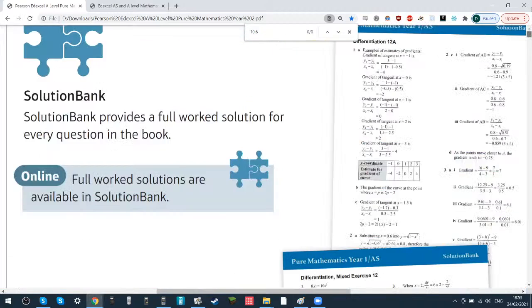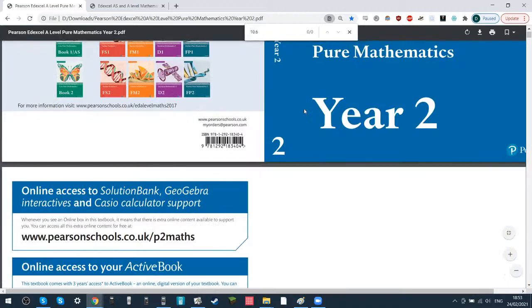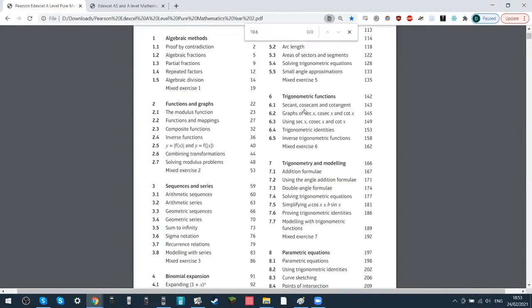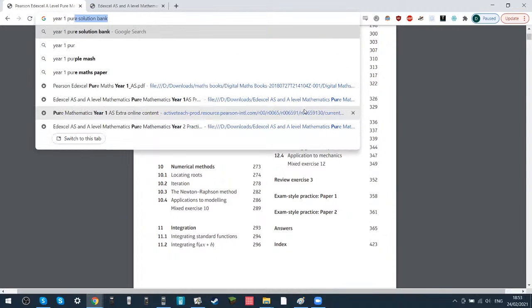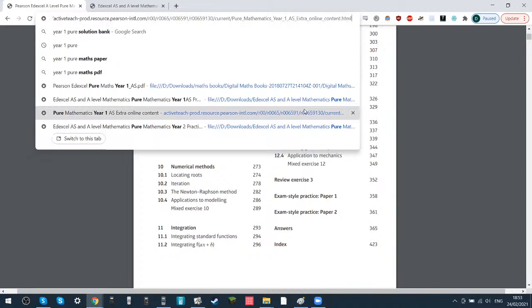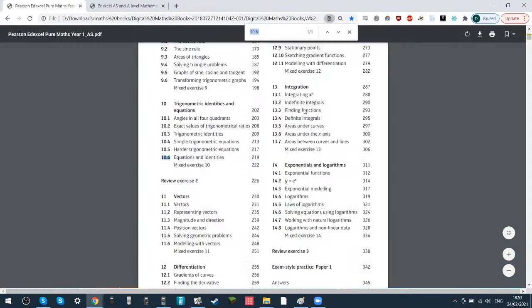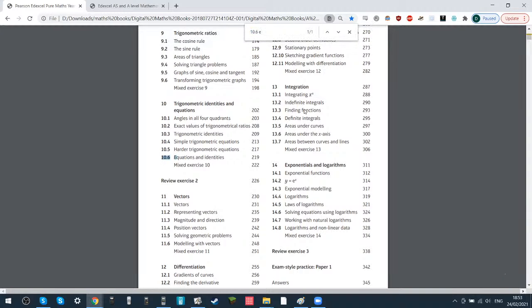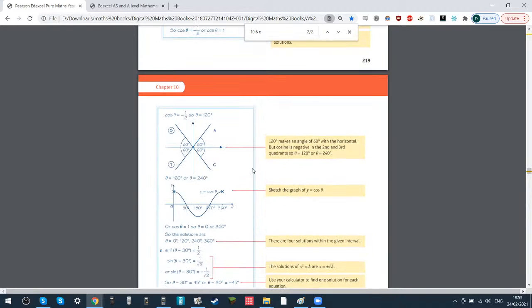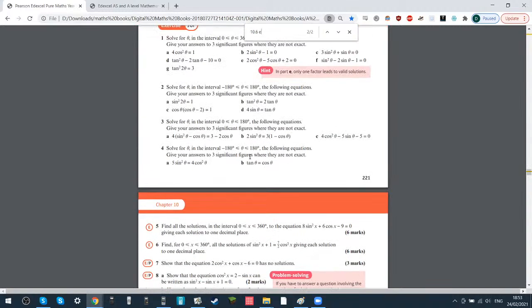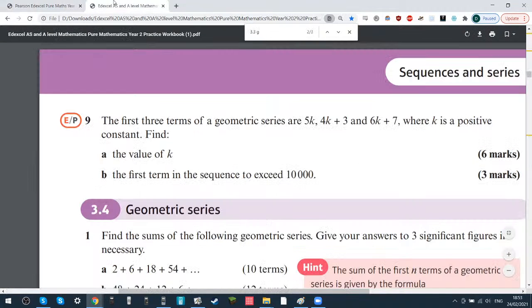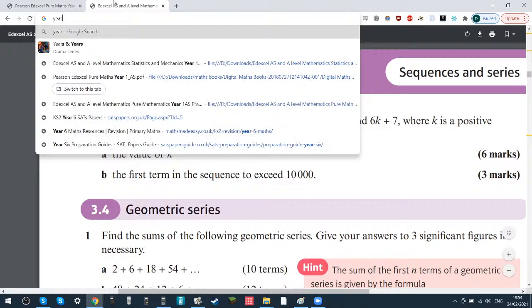What do you want from me, book? Oh, this is year 2. Year 1 pure. It's there. Yeah, now I'm seeing it. Equations and identities. I'll find it in a second. Let's see. So I want something squared. No, let's try other book. I suppose I could just make one up myself.